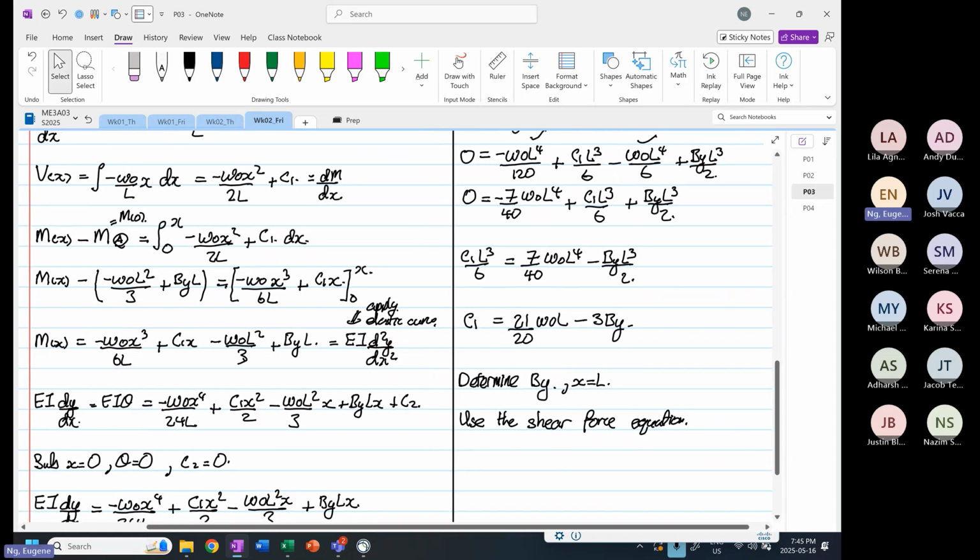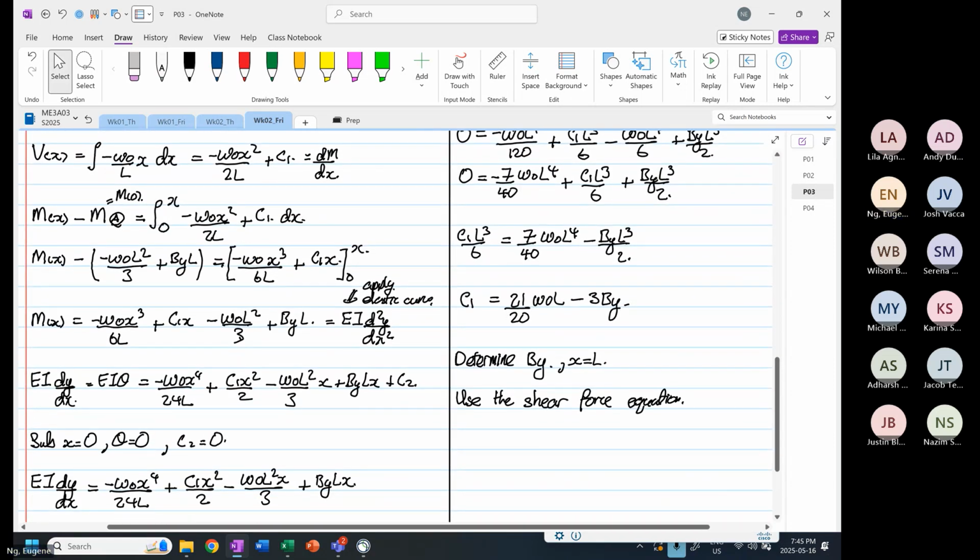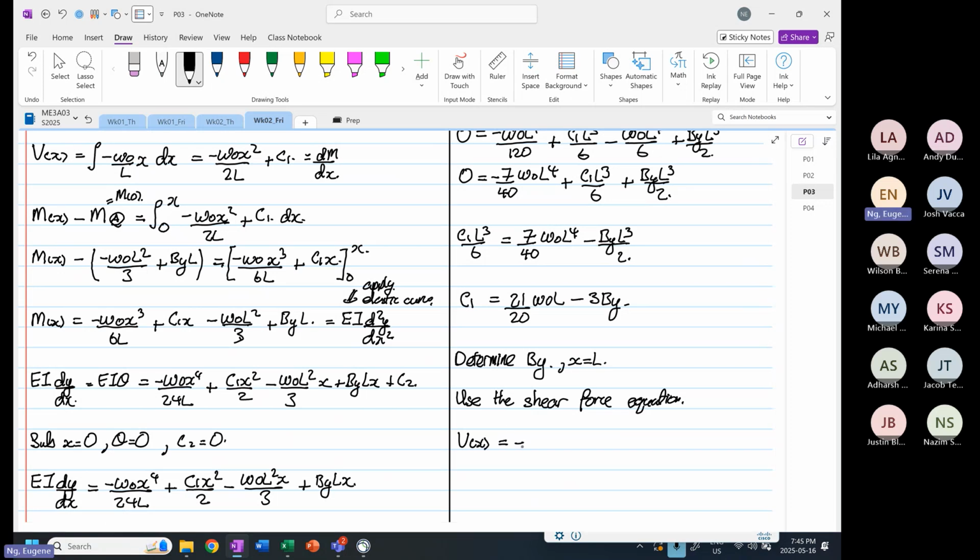Okay, so the shear force equation is equal to what? V as a function of x is equal to minus omega naught x squared over 2L plus C1.